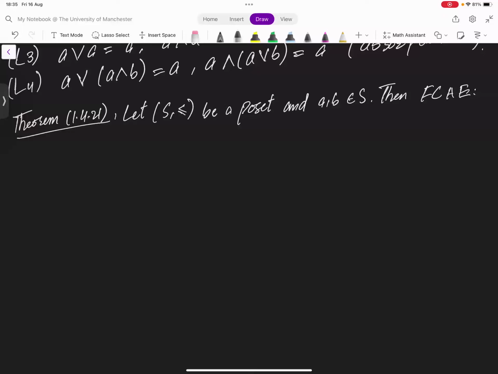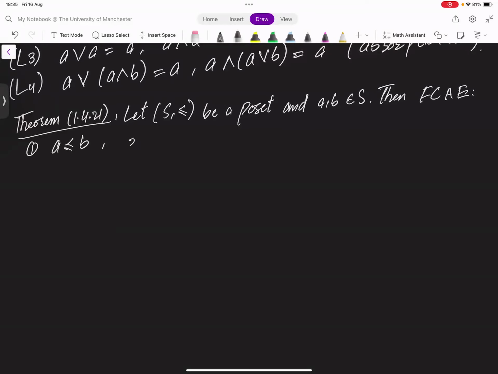This is the proper shortcut to write it. Number one condition is a is less than or equal to b. That is, whatever the relation we have with the poset for this sign, these two elements inside the S will follow that. Number two, a least upper bound b is b. Number three, a greatest lower bound of b is a.